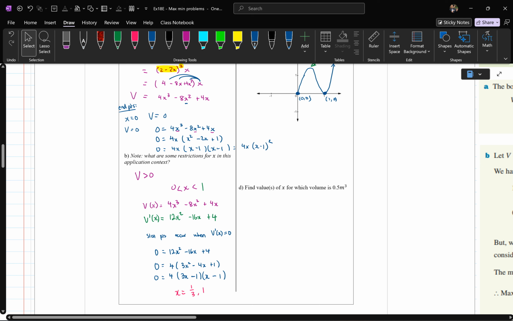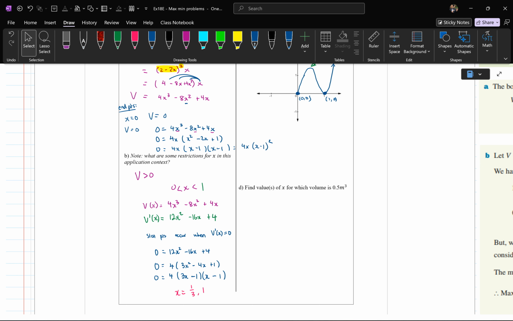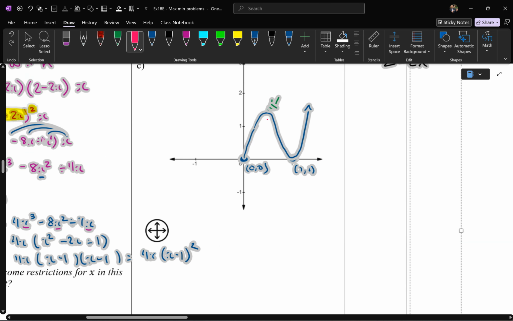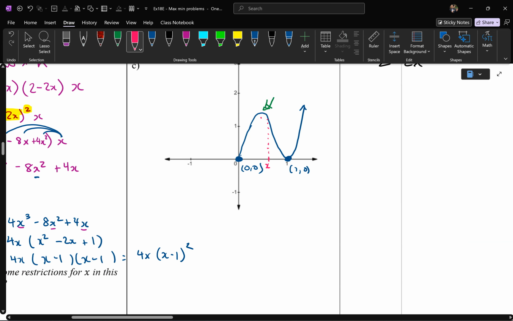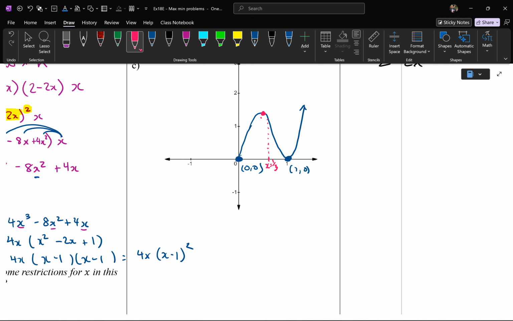We said it touches, so that's true. Stationary point at 1, and the other one must be at 1/3. So this point up there occurs when x equals 1/3. But I haven't figured out what the volume is.